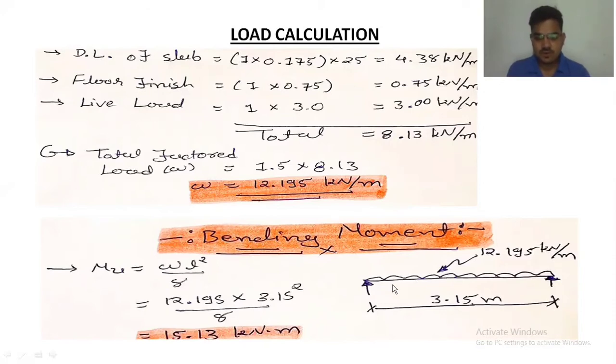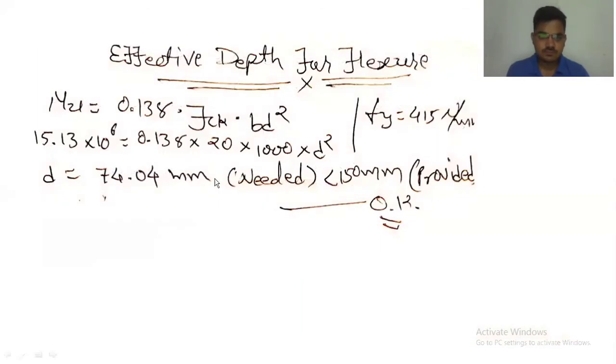For UDL load over the entire span of a simply supported span, the moment is WL square by 8. So our moment is 15.13 kilonewton meter.